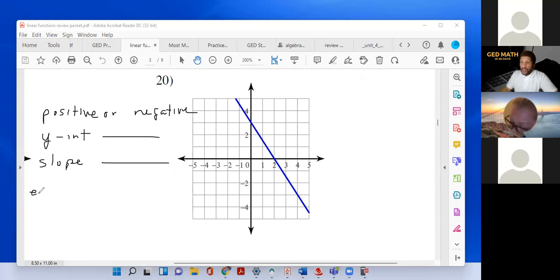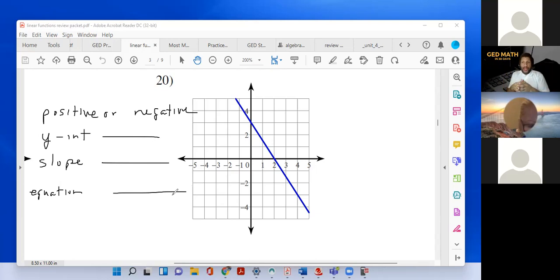And then I want the equation of the line. Mr. Tizzy, they don't ask us all that. You're right. But they might ask you the slope. They might ask you the equation of the line. So I want you to be prepared no matter what they give you. So I want you to identify whether this is positive or negative. What's the y-intercept? What's the slope? And what's the equation of the line?